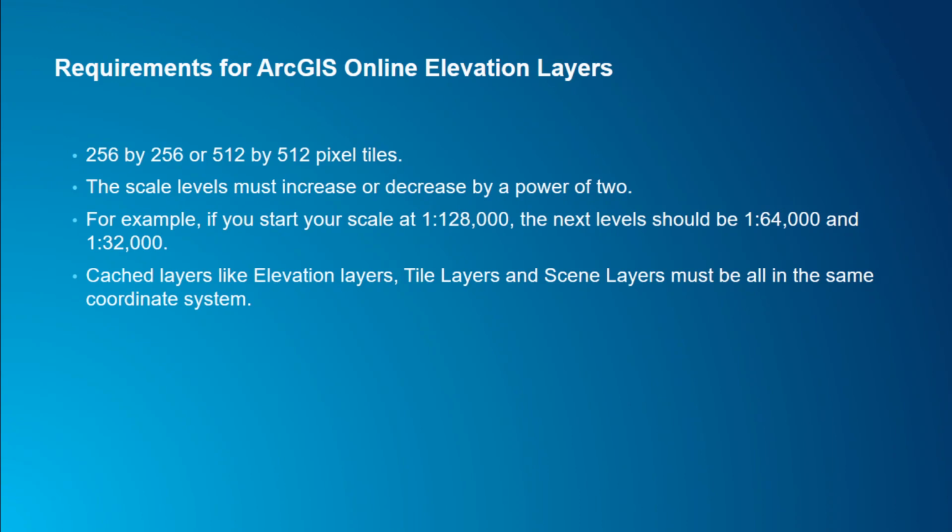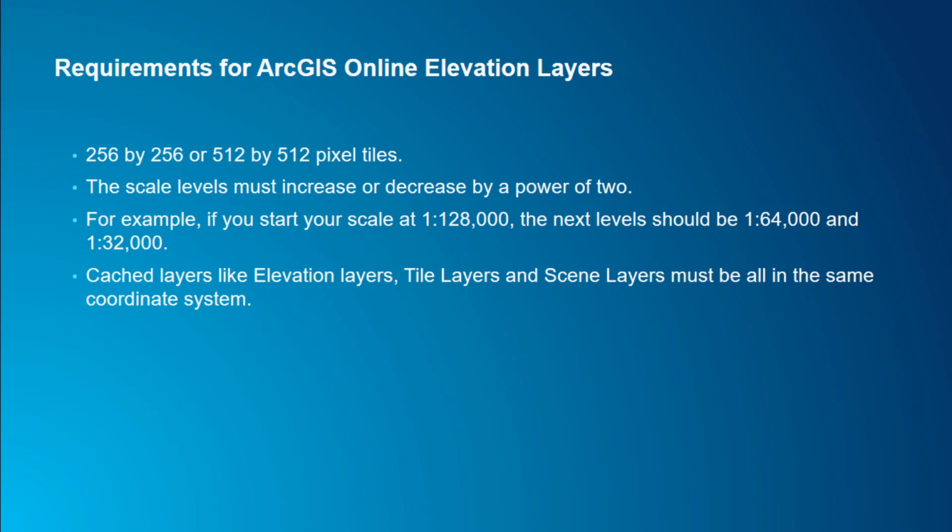Some things that you want to think about when you're creating cached layers, like an elevation layer for use in the scene viewer or in a 3D application with the JavaScript API. You want to think about the resolution that you're using, like the 256 by 256, the first bullet up there. Those are the two resolutions that you'll want to have.